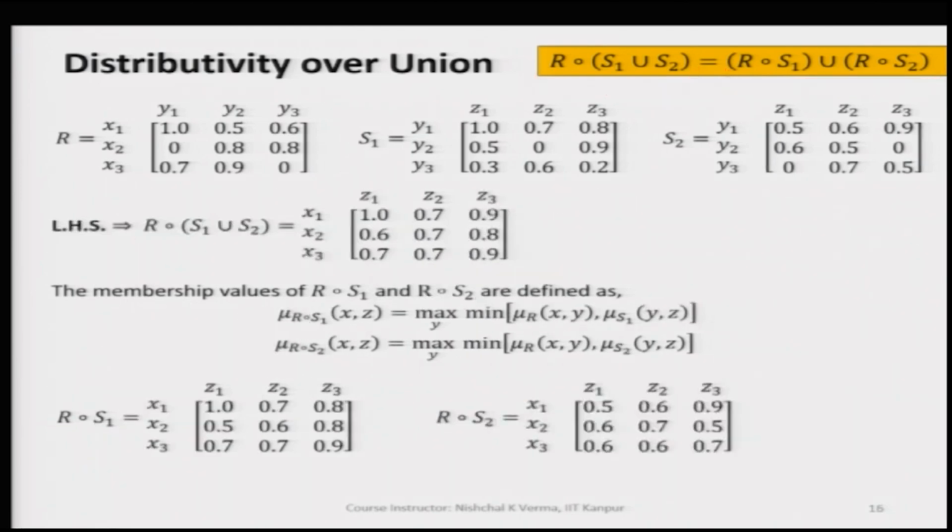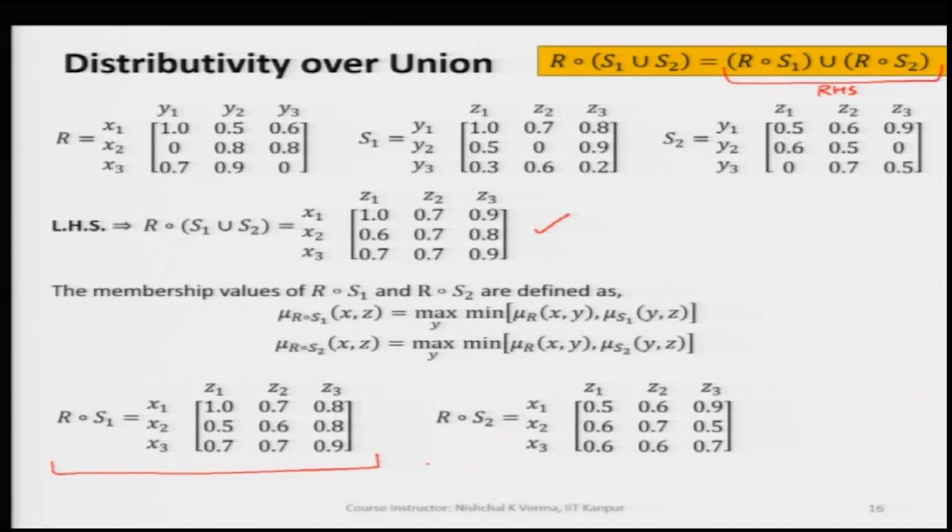Now, let us move ahead to the right hand side, the RHS, where we have the union of two compositions. Let us first find both the compositions. The first composition is the composition of R and S1, which is this, by applying the max-min composition.